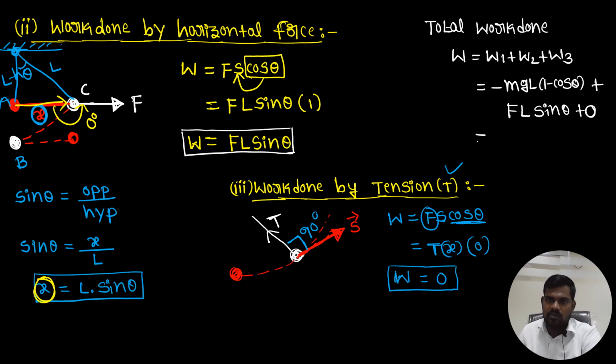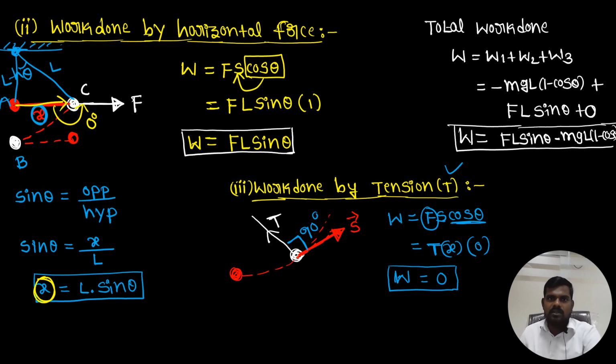So that is equal to FL sin theta minus mgL (1 minus cos theta). This is the final work done on this system, a simple pendulum. That's it. Thank you so much.